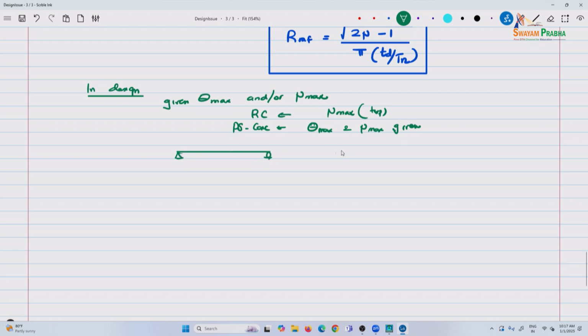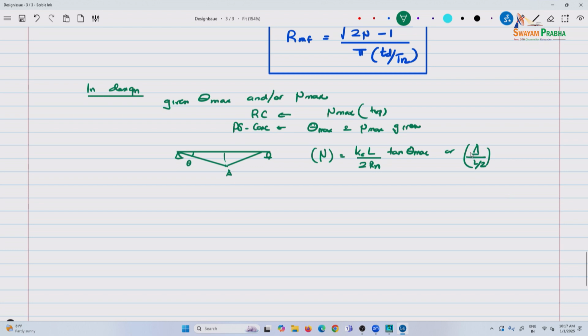So if it is simply supported, then the deflection is, it's a plastic hinge formation. So this is theta and this is delta. So you find your mu is equal to your stiffness L divided by, this is basically your delta tan theta max, or the delta divided by L over 2.